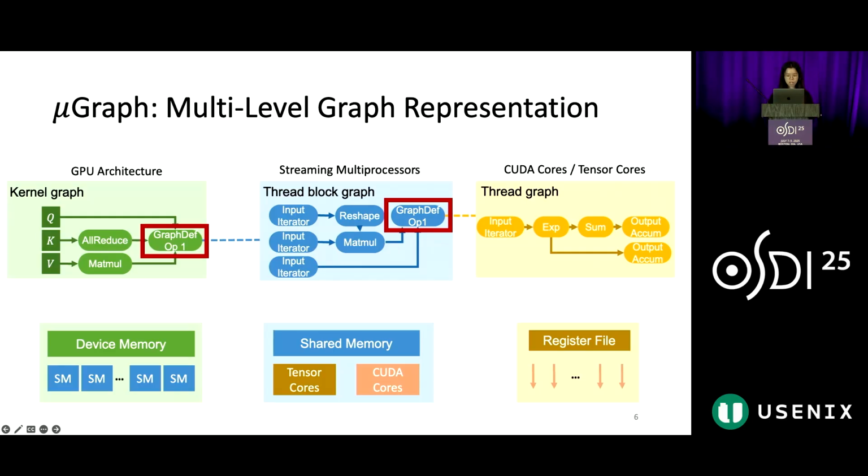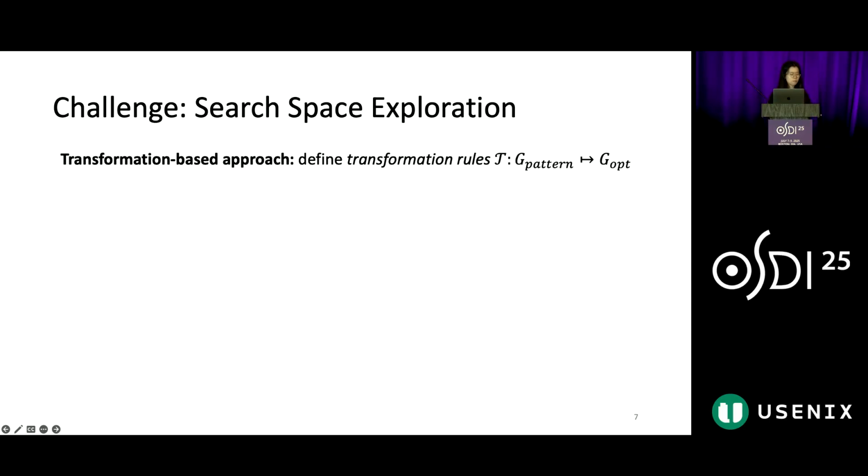And the challenge becomes, how do we explore the search space? A traditional approach is to define a set of transformation rules, each of which maps a subgraph of some certain pattern into an optimized one. This transformation-based approach is good for optimizations within one level.